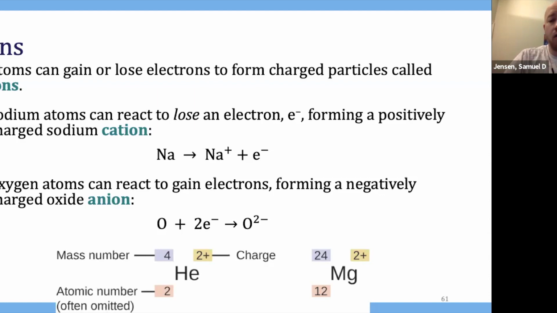Metals, 75% of the periodic table, lose electrons, and when they lose electrons, they become positive, so they are called cations. Our nonmetals gain electrons, and so they are called anions. Generally, we put the charge in the upper right, so if there is a difference in charge, it will be designated there.